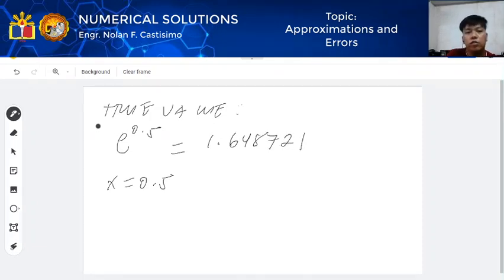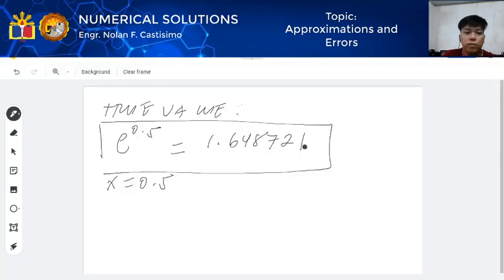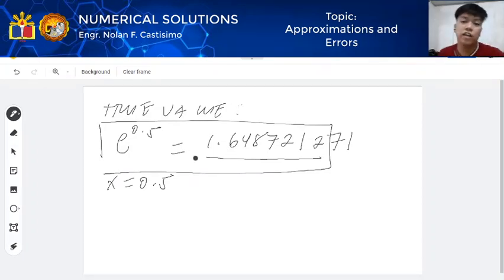Okay? So, ito yung true value natin based dito sa given problem. So, actually, may kadugtong pa yan. Itong true value natin, 1.648721271. Okay? Pero ang nilagay na lang sa note is hanggang dyan. So, 1, 2, 3, 4, 5, 6, 7. Hindi pala 8, 7 significant figures. Kasi hanggang dyan. Okay?